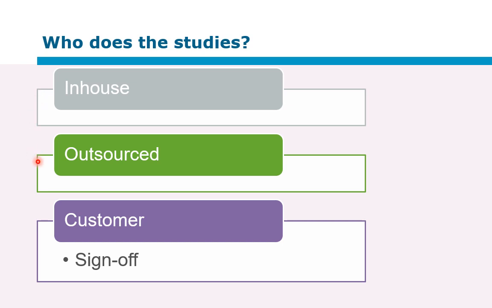Second option is to have it outsourced to probably whoever does your network planning studies, your master planning studies. But another option is to have the customer do this. The key thing here is to make sure that a professional person signs off on this customer studies, just to make sure that there is no conflict of interest.